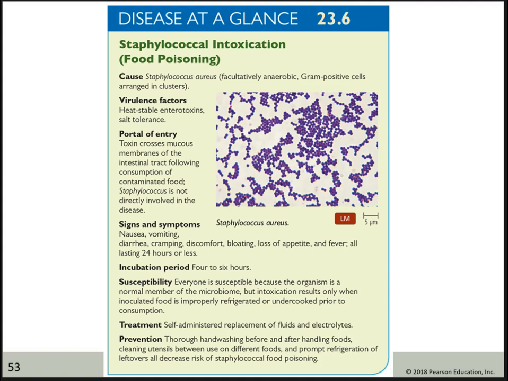Susceptibility: everyone is susceptible because the organism is a normal member of the microbiota, but intoxication results only when inoculated food is improperly stored or undercooked prior to consumption. Treatment is self-administered replacement of fluids and electrolytes, and it usually passes relatively quickly.